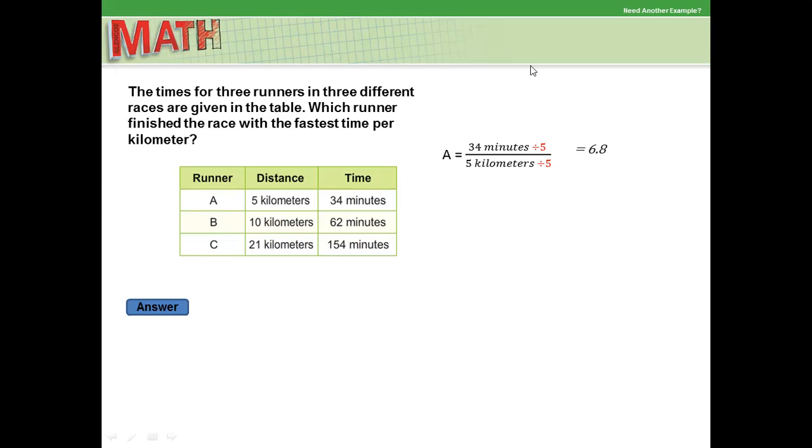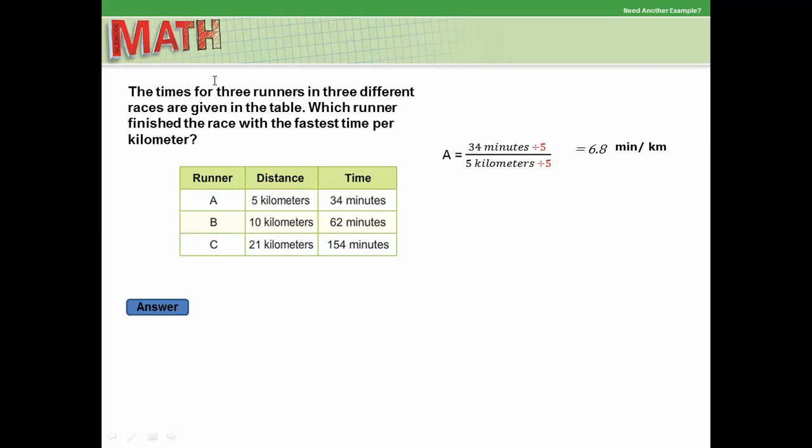And 6.8 what? You have to write the unit of rate. The first unit is minutes. So 6.8 minutes per kilometer. And don't forget to write the unit.